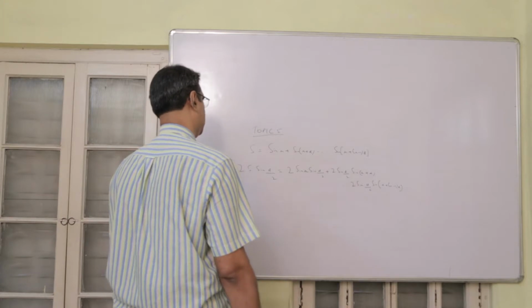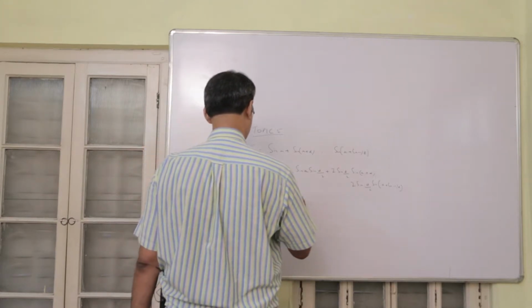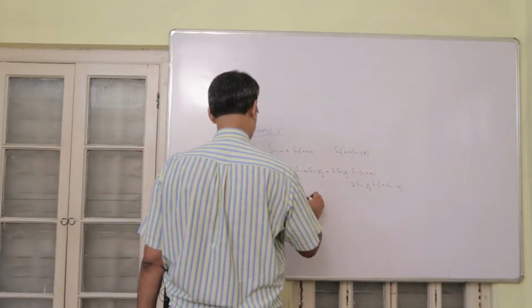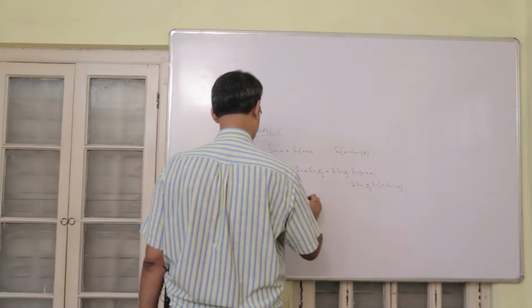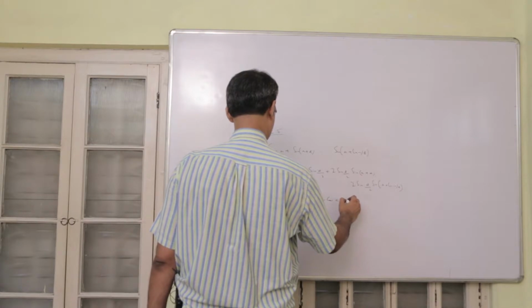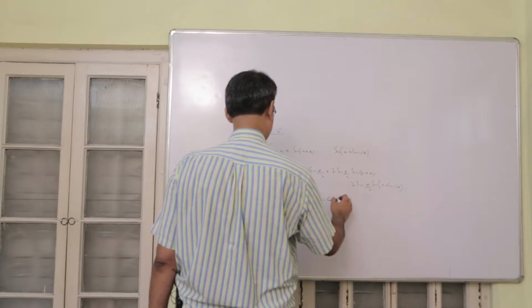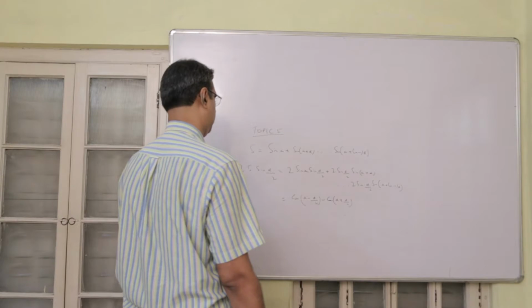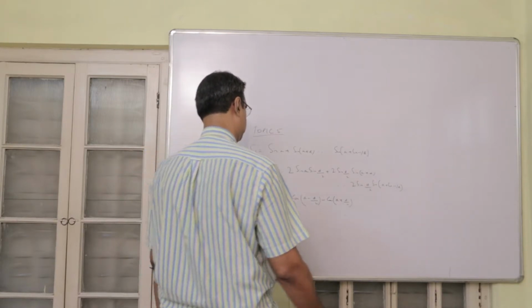So if you multiply both sides with 2 sine half d, this is what you will get. So cos a minus half d minus cos a plus half d.